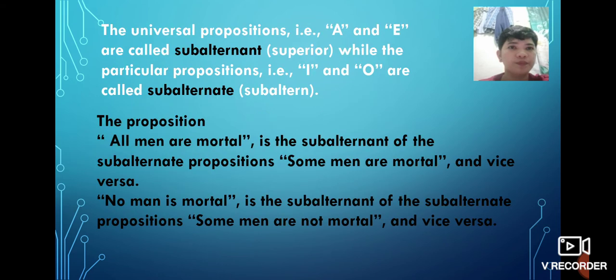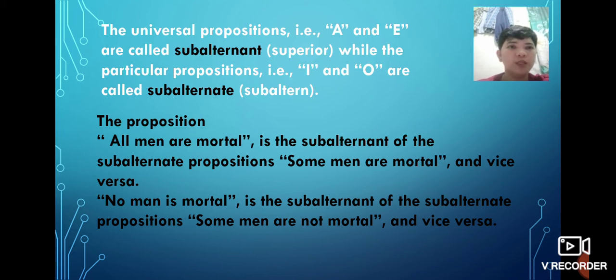So the universal propositions, that is A and E, are called subalternant or superior, while the particular propositions, that is I and O, are called subalternate or subaltern.